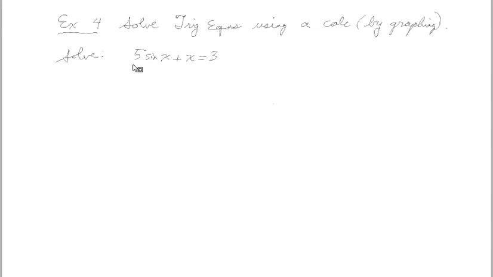So what I'll do is graph this on my calculator. The way you graph this is you graph the left side and you graph the right side. You're graphing one function, and then another function that looks like this.